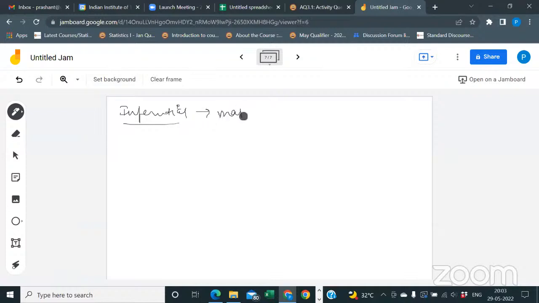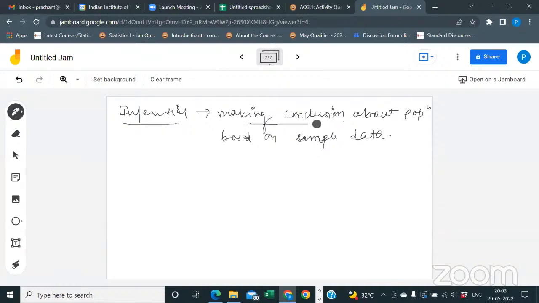Inferential means making conclusions about the population based on the sample data. So this applies only to a sample, right? Yes, because the definition says you make a conclusion about the population based only on the sample data. That is inferential statistics.